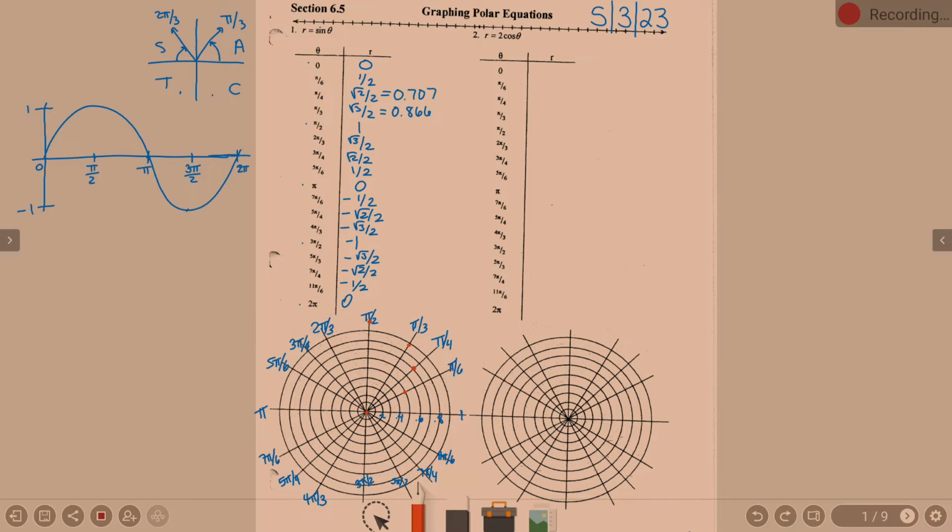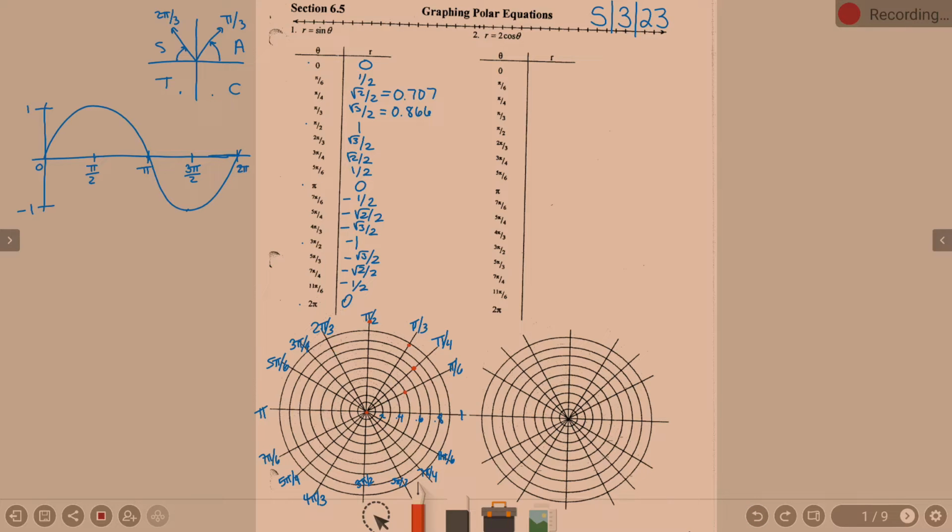Now, 2 pi over 3, square root of 3 over 2. What's happening? On 2 pi over 3, we're going out to almost 0.9. Okay. On 3 pi over 4, we're going out to 0.7-ish because it's 0.707. Wait a minute. Back it up.